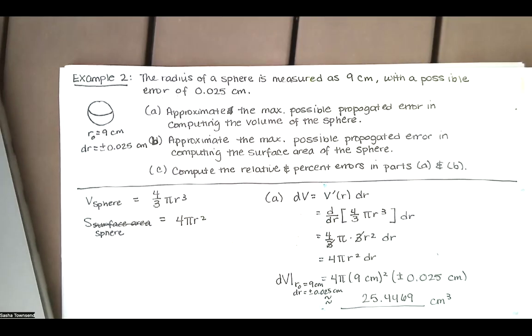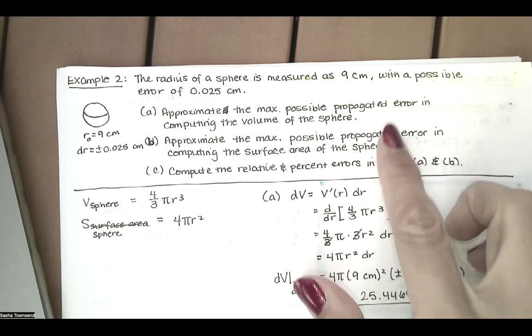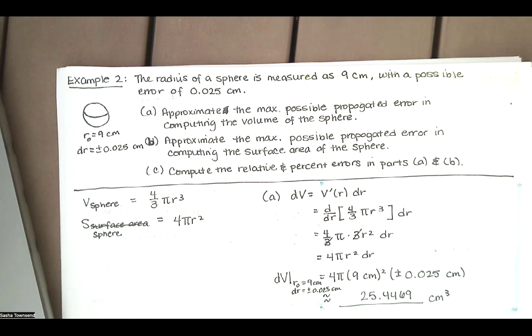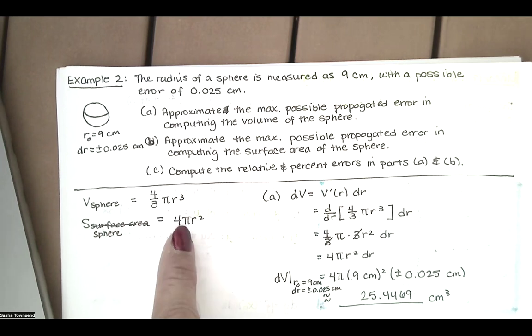So that is how we can use differentials to discuss and think about propagated error. But again, in both of these cases, we're thinking about propagated error when using the tangent line to these functions as an approximation to the functions themselves near a particular R value.